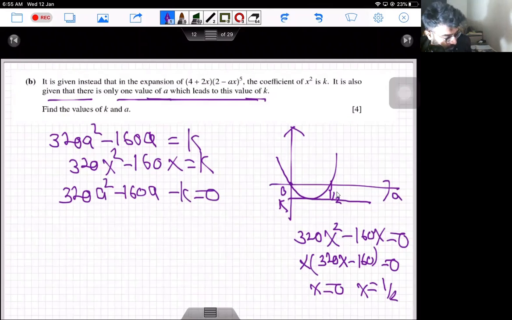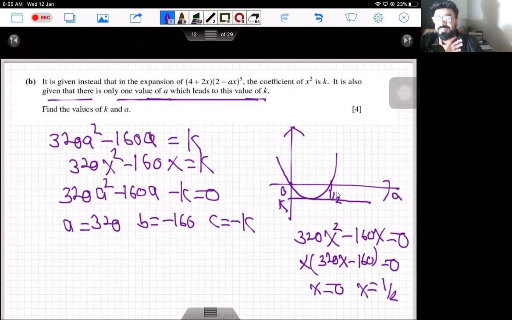So if you compare it with the general form of the quadratic equation ax square plus bx plus c, you can say that a is equals to 320, b is equals to minus 160, and c is equals to negative k.